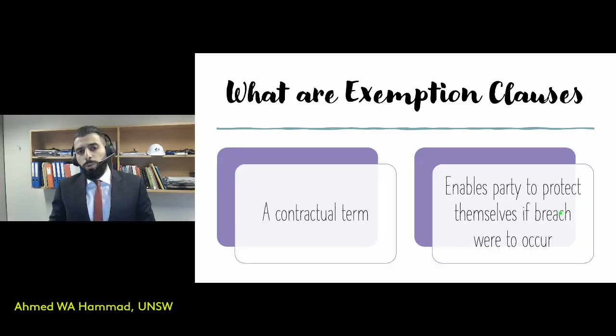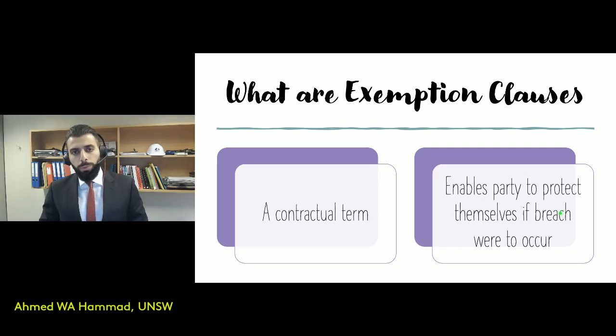Of course, exemption clauses are contractual terms, so they'd be terms that two parties would have agreed on including as a specific enforceable condition or a provision in the contract. What it does is that it enables the party to protect itself, specifically if a breach were to occur by a party.